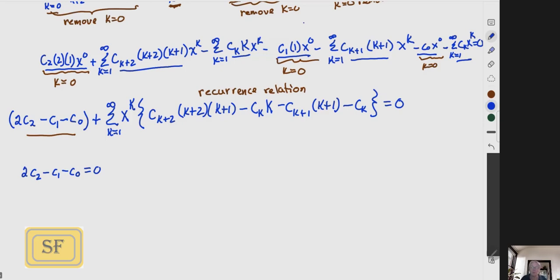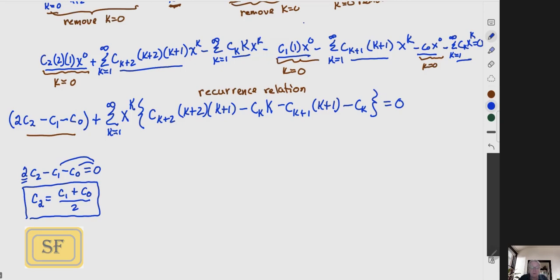And from here, I'm going to solve for c2. Always solve for the higher index. 2 is higher than 1 or 0. And that tells me that c2 is c1 plus c0. Bringing those terms over makes them positive. And then divide by the coefficient of c2. Divide by 2. So I'm going to box that. So I know that c2 is c1 plus c0 divided by 2.